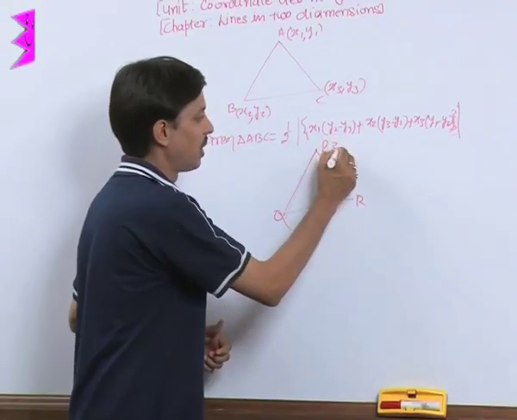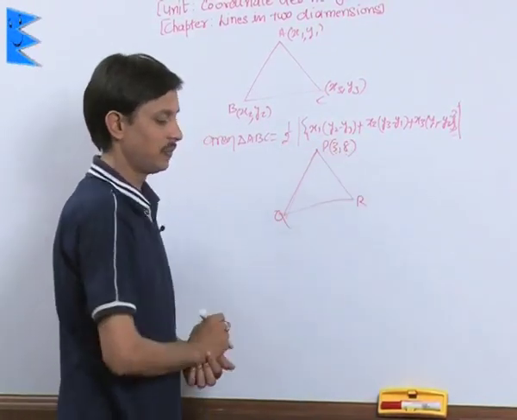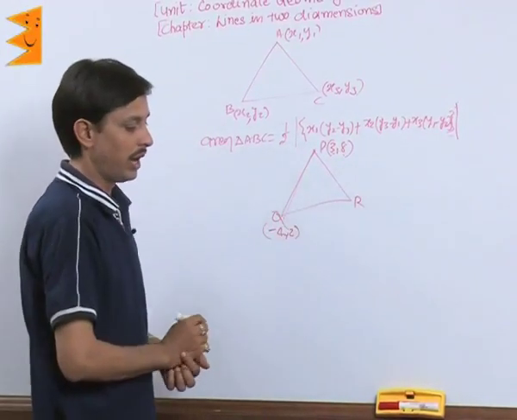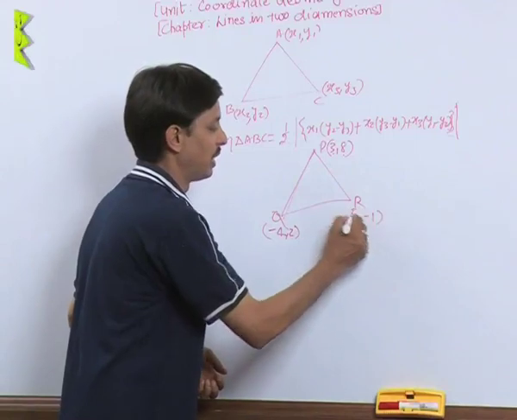If I take an example to find the area of a triangle, suppose we have a triangle PQR and its vertices are 3, 8, that is x1, y1, second vertex minus 4 comma 2, that is x2, y2, and third vertex 5 comma minus 1.